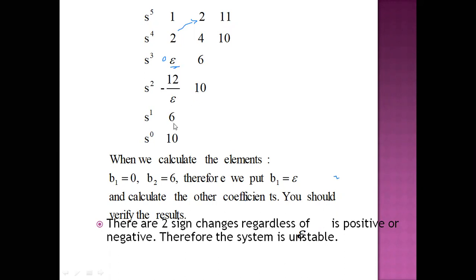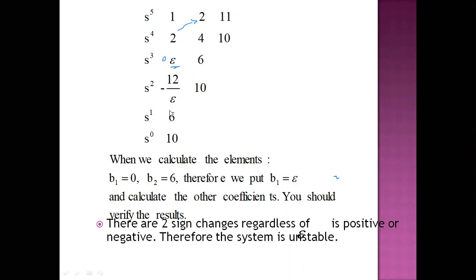Then if you proceed, we get the remaining elements. Here you get P1 as 0 and here it is 6. I assigned this element P1 with epsilon, and we have to proceed.